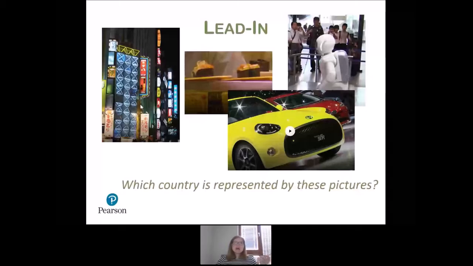So it is Japan. We have this typical street with highlights, with neon signs and so on. There's a Toyota car, there's a robot, and there's a sushi. So some very typical things for Japan.